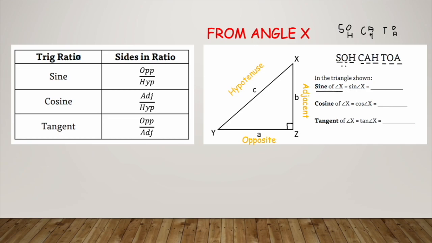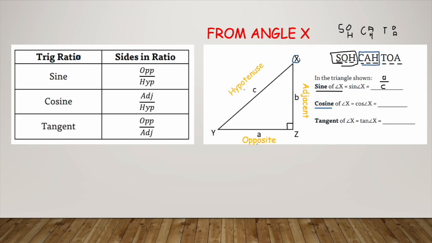So this first question here is just asking for the sine of angle x. Well, the sine is the opposite over the hypotenuse. So in this case, from x, A is the opposite, and C is the hypotenuse. So the sine of angle x is just A over C. All you do is take the opposite side and put it over the hypotenuse. The cosine of angle x, well, cosine is the adjacent over the hypotenuse.